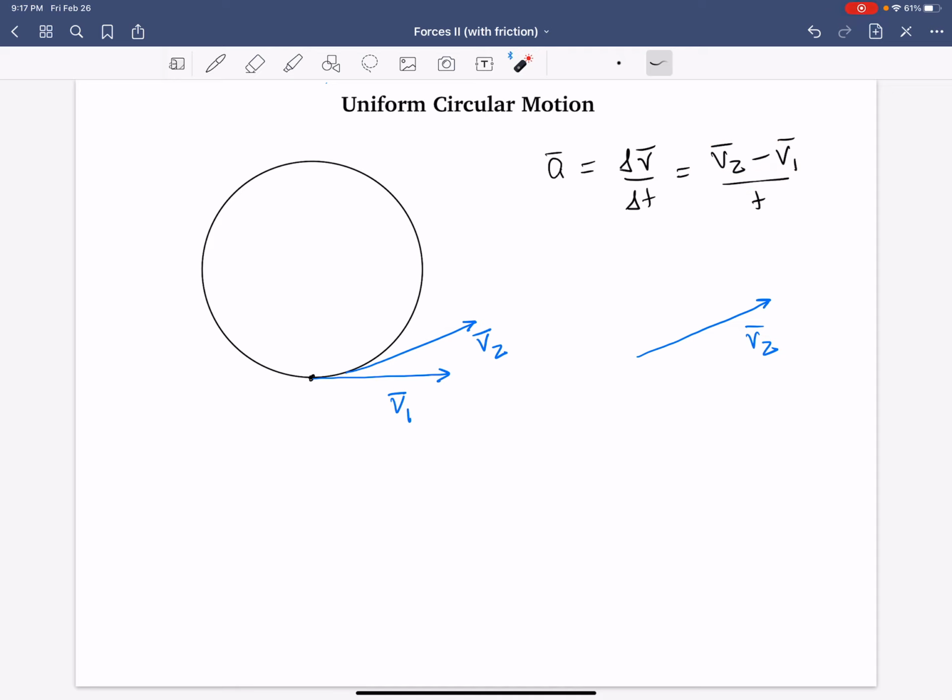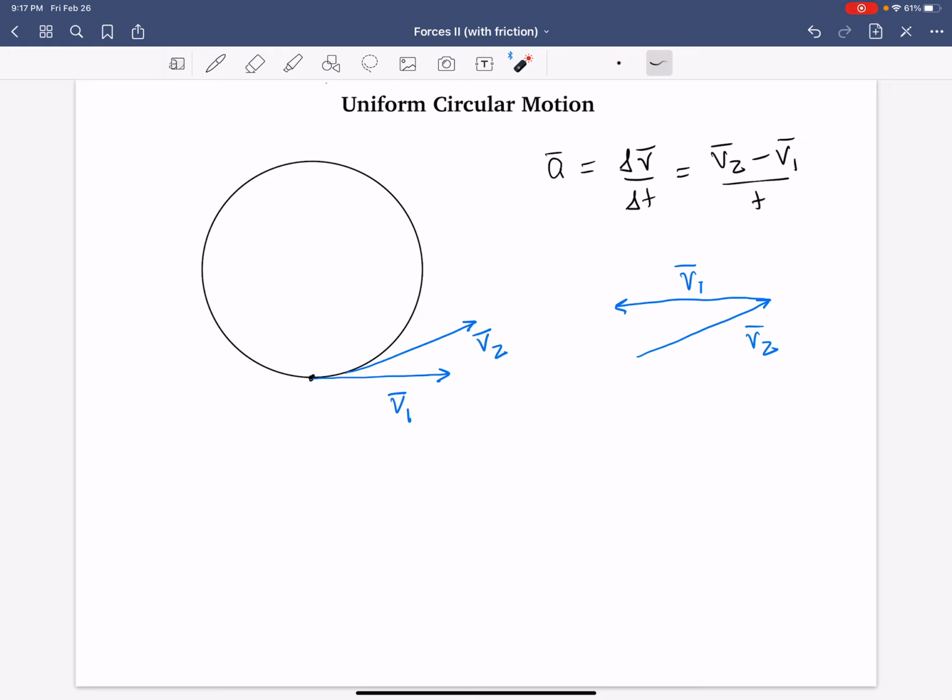Notice v1, positive v1, points horizontally to the right, or directly to the right. But we have negative v1, so that points directly to the left. And so we do that from the head of v2. And we have that, right? I simply put the vectors head to tail. I graphically wrote that expression right there, v2 minus v1.